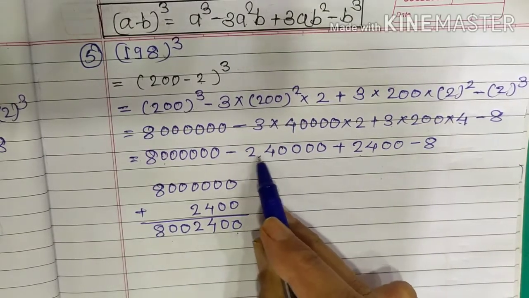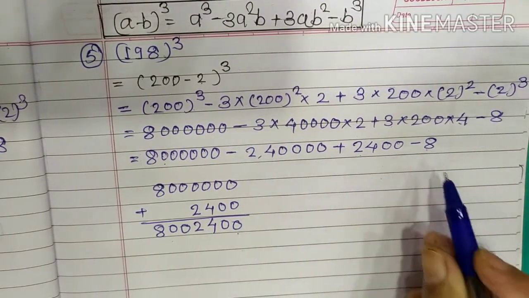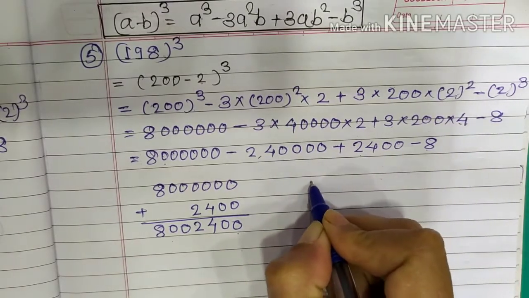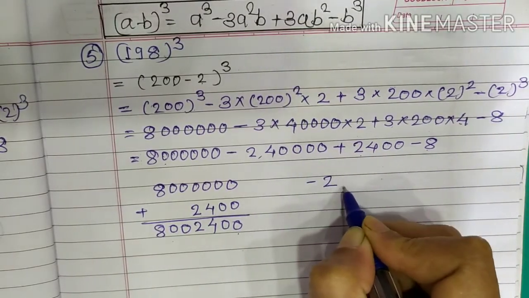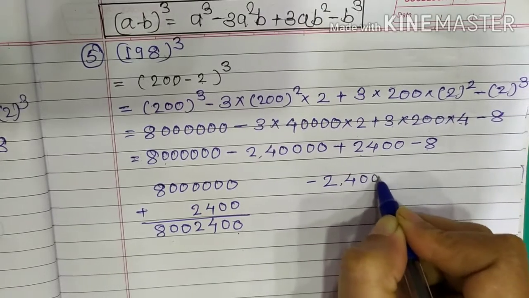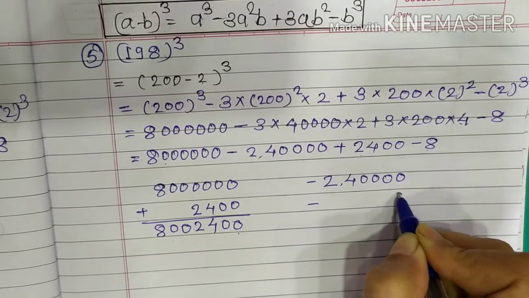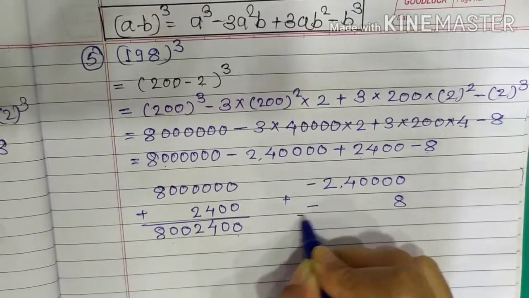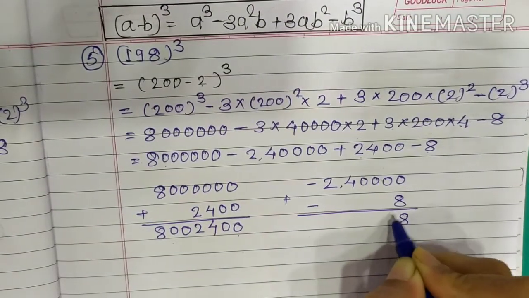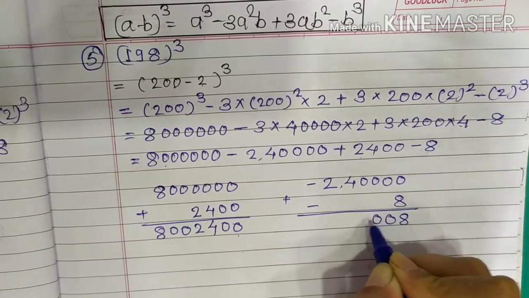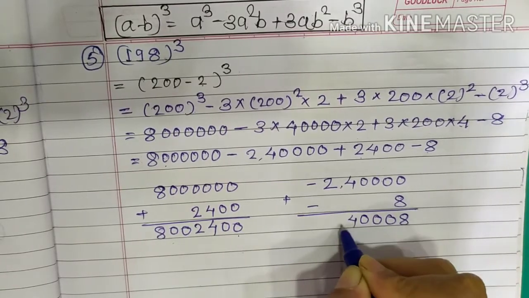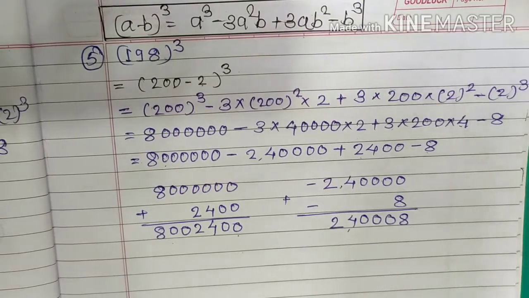Then second, this is minus and this is minus, hence minus 2,40,000 minus 8. We make the addition of these. This is 2,40,008.